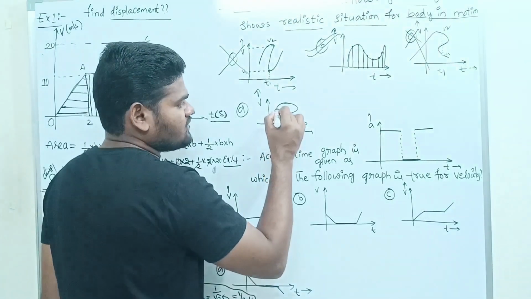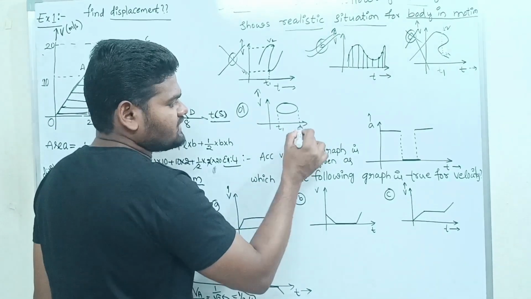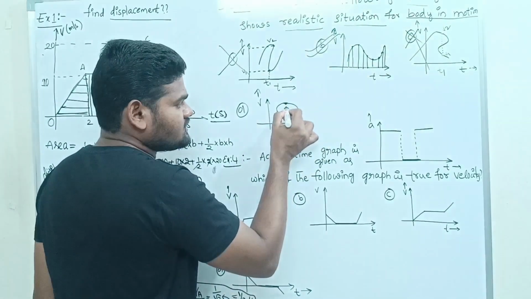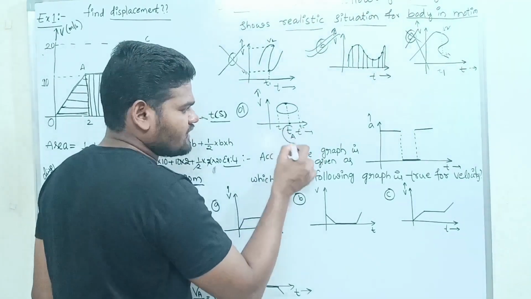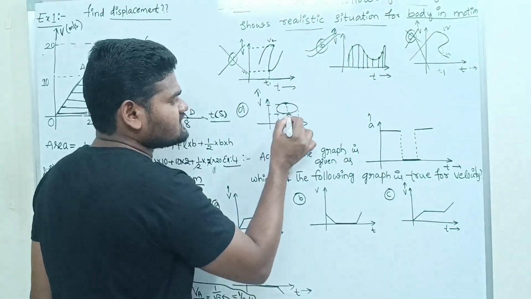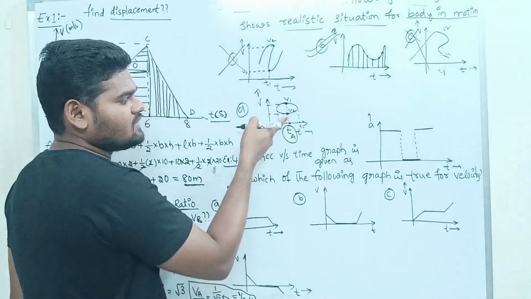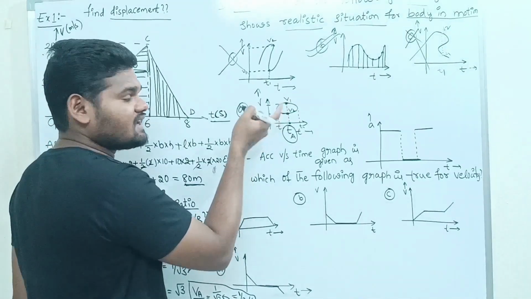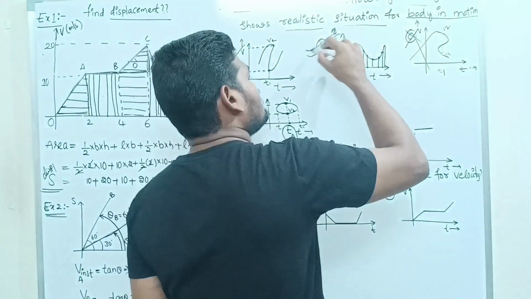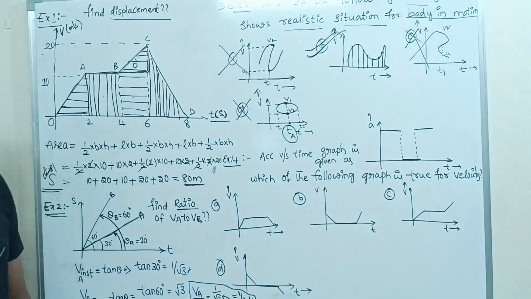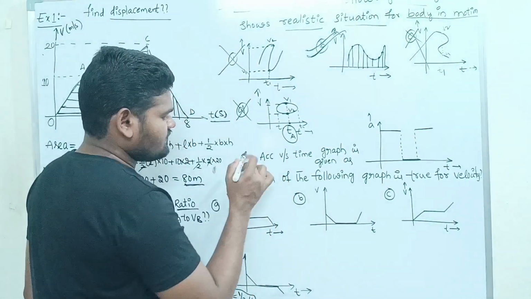Now coming to this one, at this time it has a different velocity, and it is also a different velocity. So here, at a given particular instant of time, this object has two different velocities. At the same time, this object has two different velocities. Then this graph also does not exist. So our answer is what? B. B is our answer. Okay. Right. Come to this question. Example number 4.